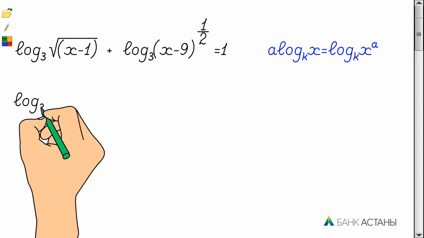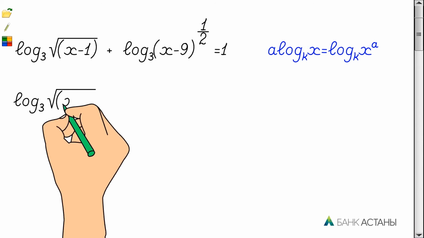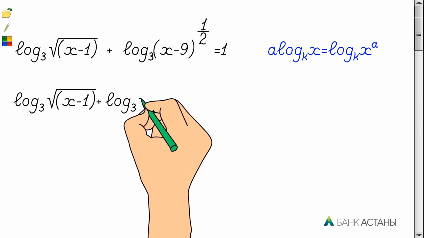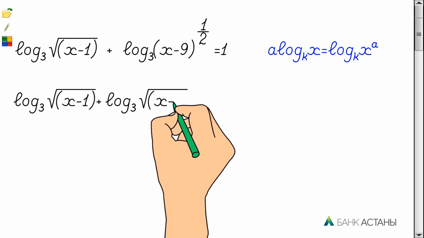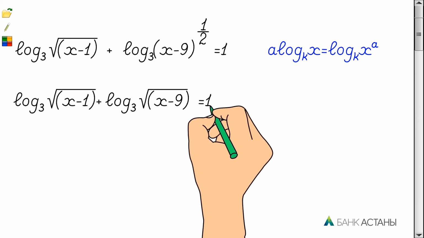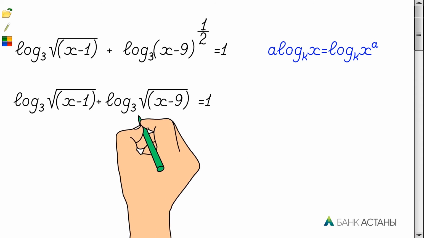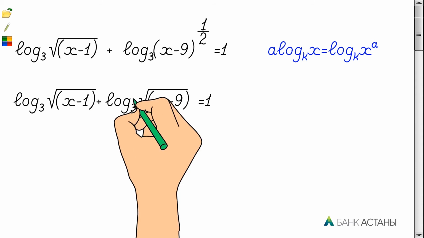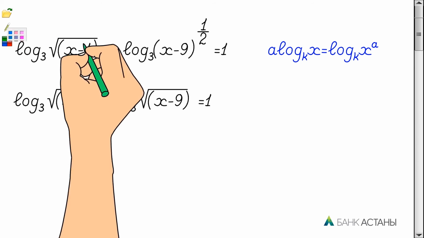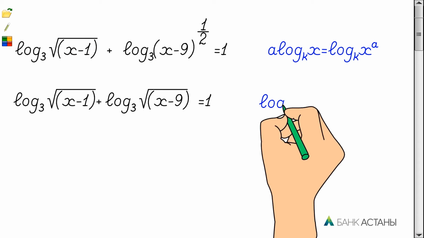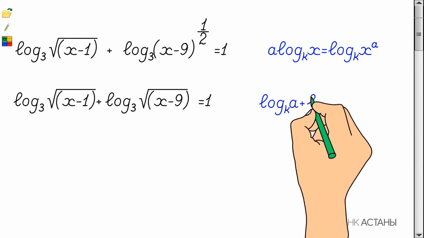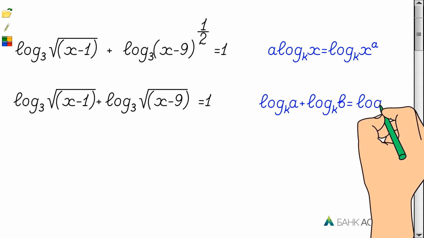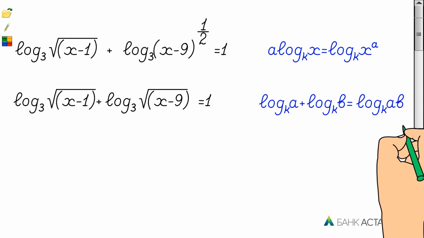Logarithm base 3 of square root of x minus 1 plus logarithm base 3 of square root of x minus 9 equals 1. Thus, on the left-hand side of the equation, we obtain the sum of the logarithms. Remember the formula of the sum of logarithms. Logarithm base k of a plus logarithm base k of b equals logarithm base k of a multiplied by b.